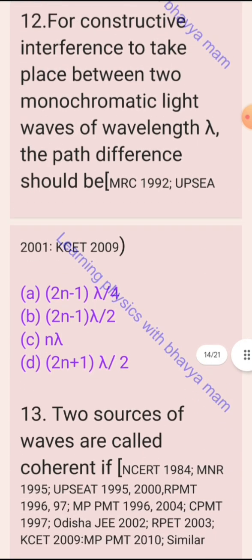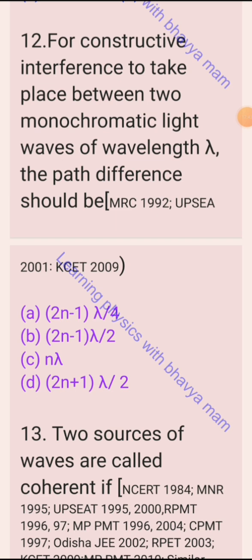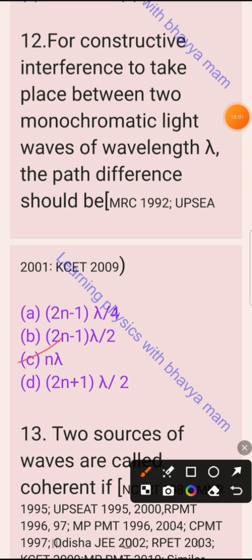Next, 12th question. For constructive interference to take place between two monochromatic light waves of wavelength lambda, the path difference should be? What is the condition for path difference in constructive interference? It is n lambda. Path difference delta x must be equal to n times lambda, where n is 0, 1, 2, 3, 4.